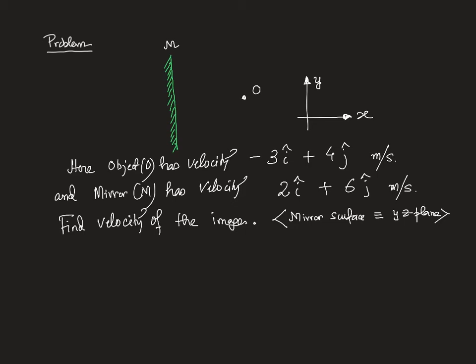So this object has velocity 3 meter per second towards the mirror, and 4 meter per second upwards.